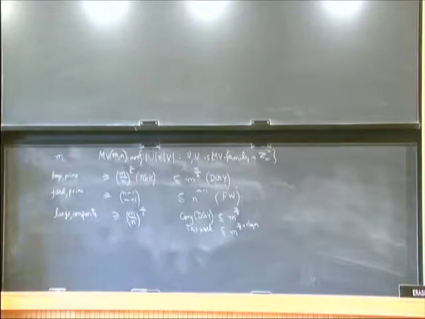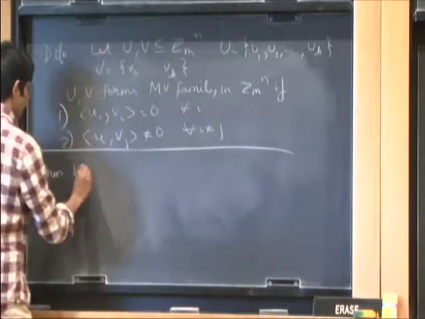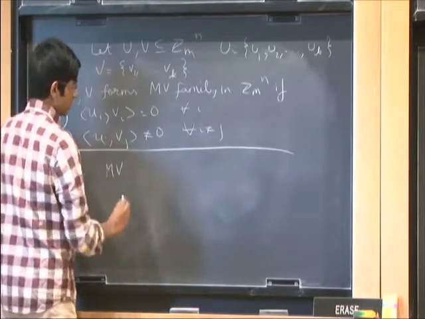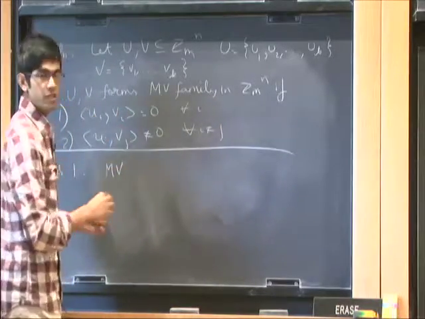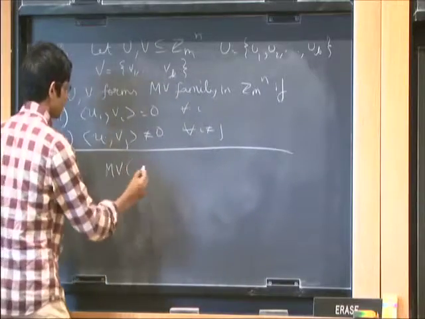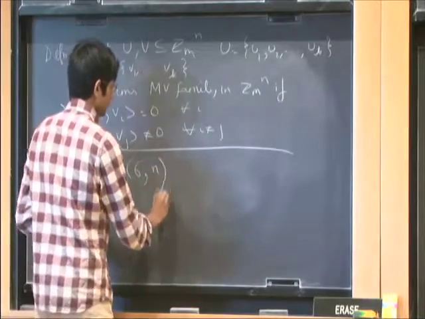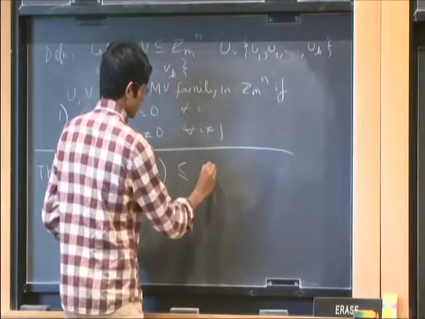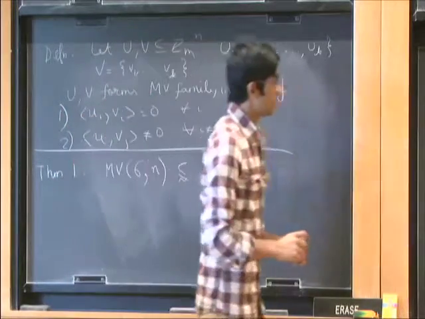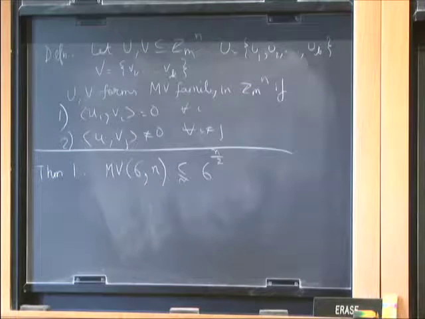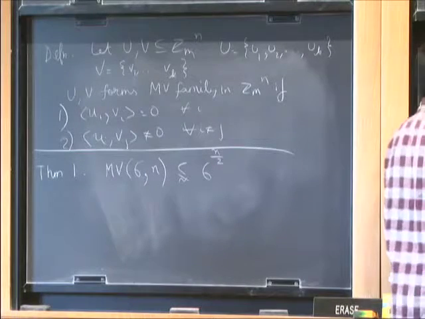So this will be the first theorem. We'll have two theorems, and for both of them we'll prove just the case m = 6, just to give you a high level idea of the proof. So we'll prove something like 6^(n/2) here, and that makes this tight for large m.